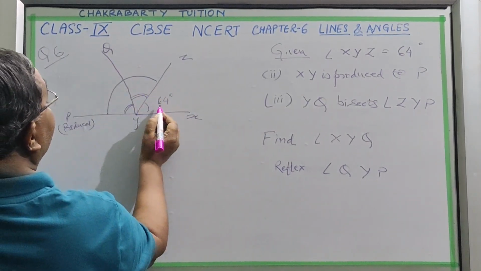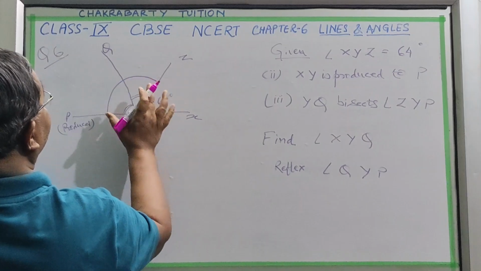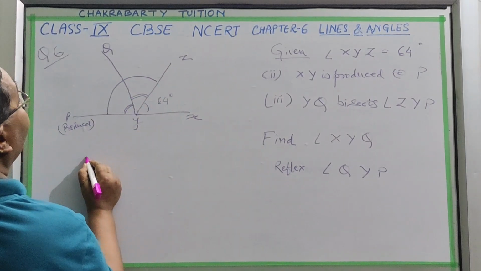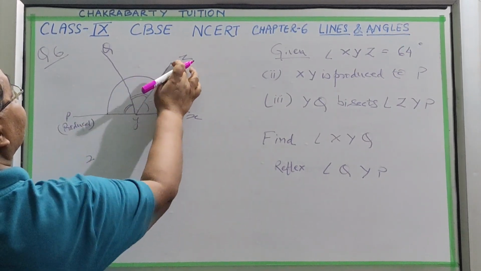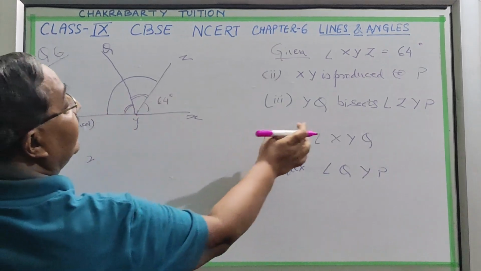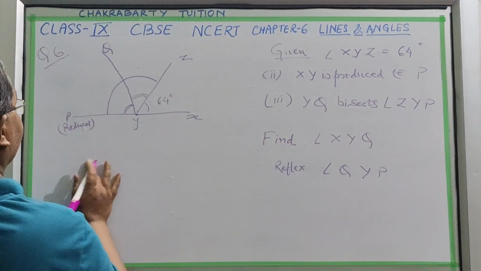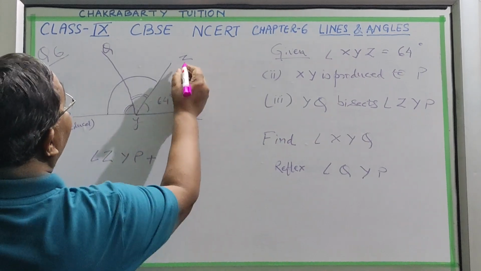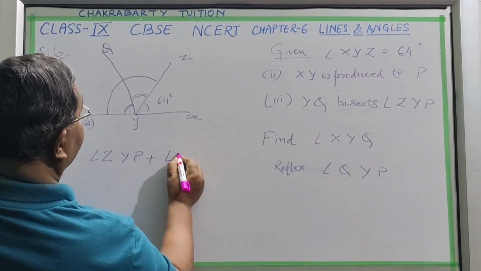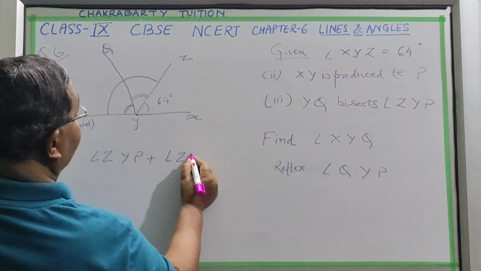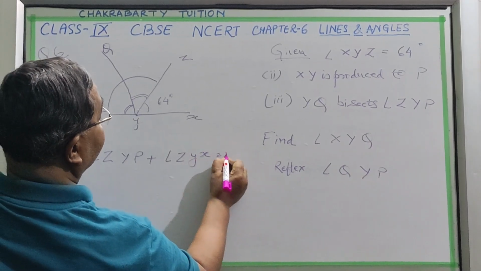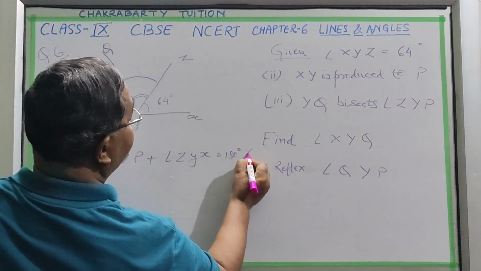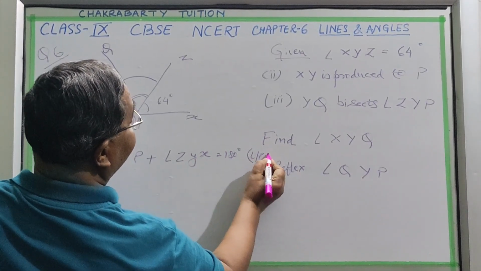So first we will find this full angle ZYP. Angle ZYP plus angle ZYX is equal to 180 degree, because these are linear pair angles.